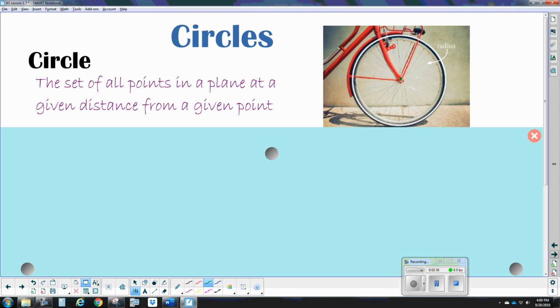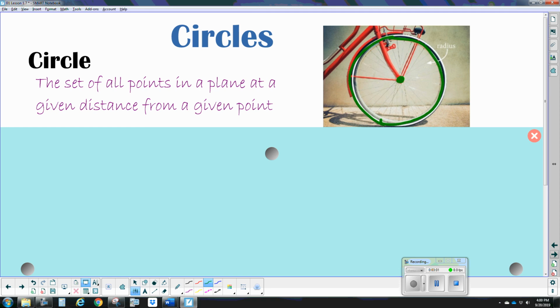We'll just say that this green point right here is the center of the circle, being the wheel of the bicycle. So it's the set of all of these points. All of these points are the same distance away from that center of the circle.